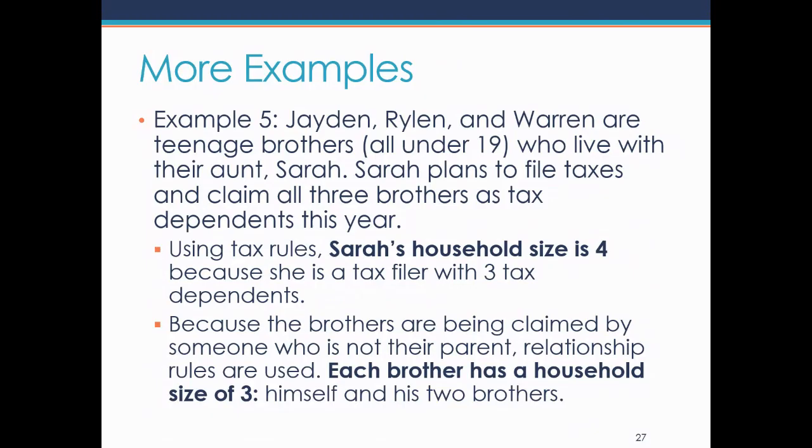And of course, all of them are children, and so none of them have a spouse or children of their own. And if under the age of 19, which he is, we'll also include the child's parents, and neither of the parents are in the home, and his siblings under age 19, and he has 2 siblings under age 19 in the home. So each brother has a household size of 3.